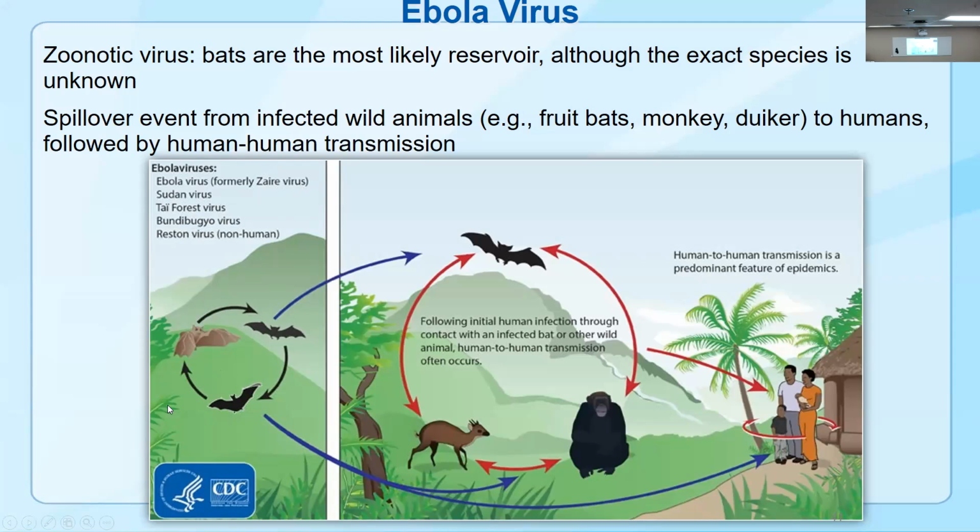It's got a whole lot of names, right? Following initial human infection through contact with infected bat or other wild animals, human-to-human transfer can happen. So again, we seem surprised that the bat is a virus host and it can be the problem with spreading it.